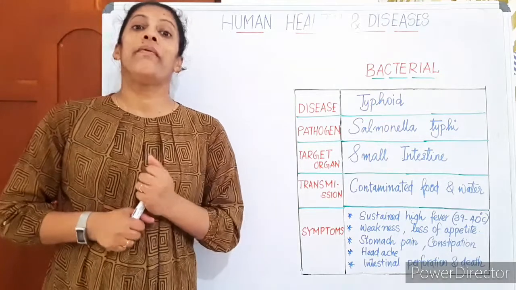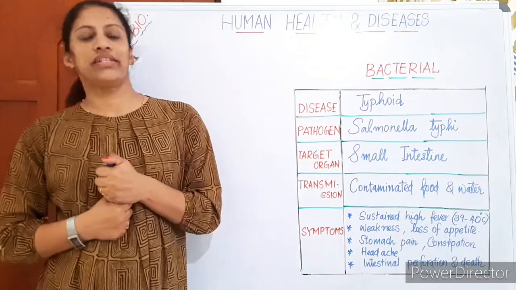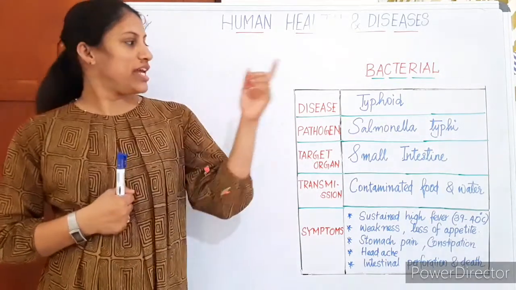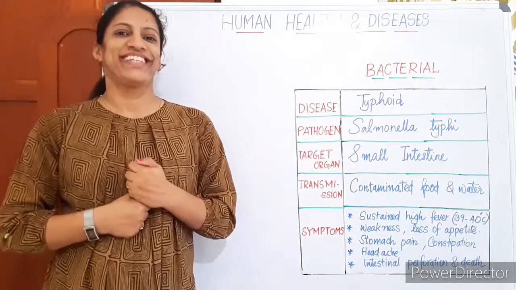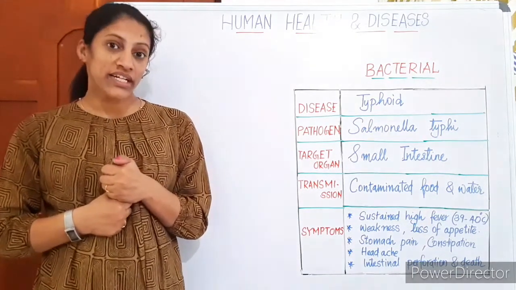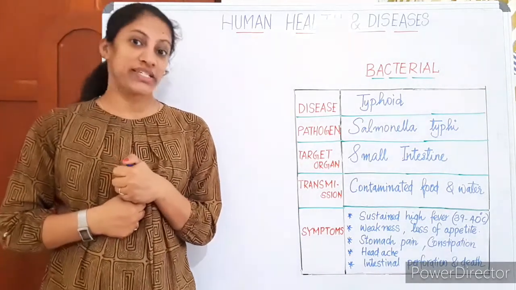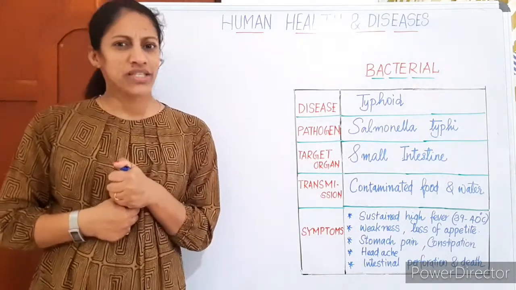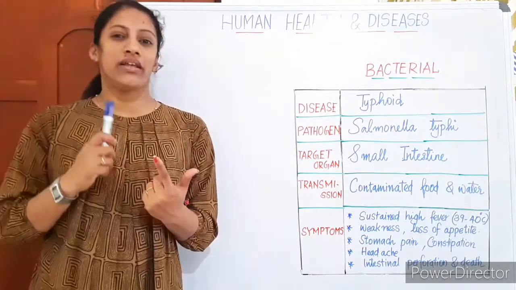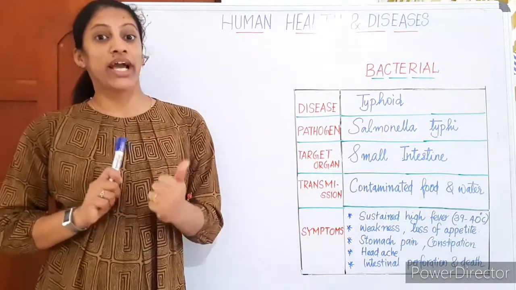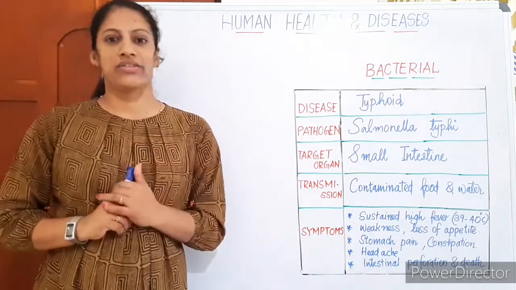That is the bacterial disease typhoid caused by Salmonella typhi, and its target organ is the small intestine. How is it spread? It is spread through contaminated food and water. And what are the major symptoms? Sustained high fever, headache, stomach pain, tiredness, loss of appetite, and in a severe case, intestinal bleeding due to perforations and death.